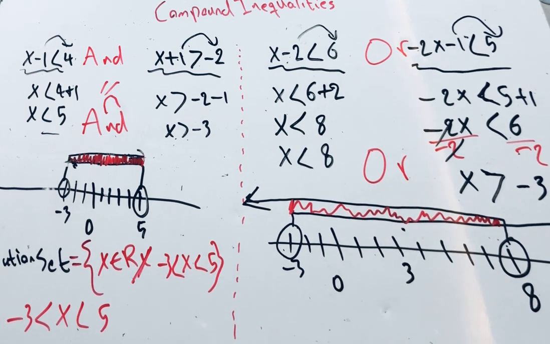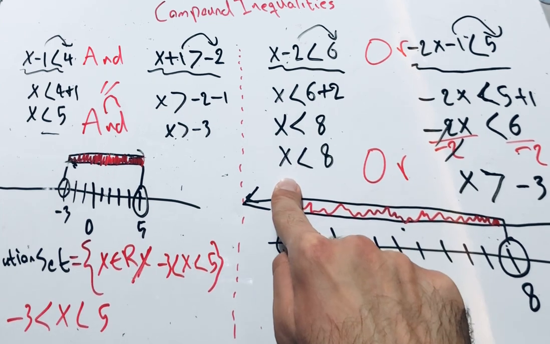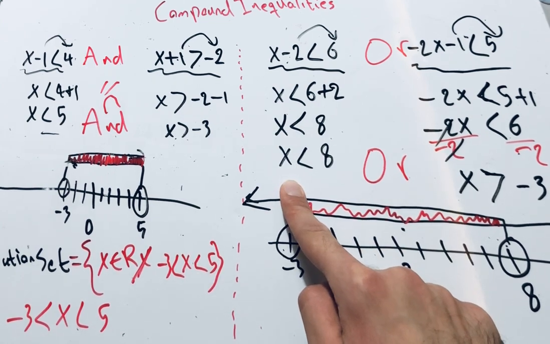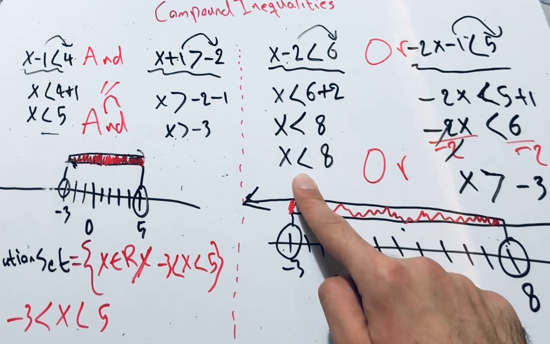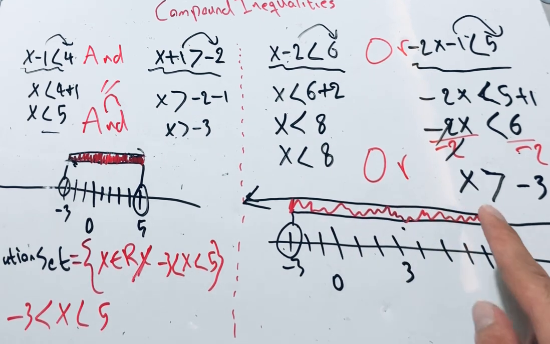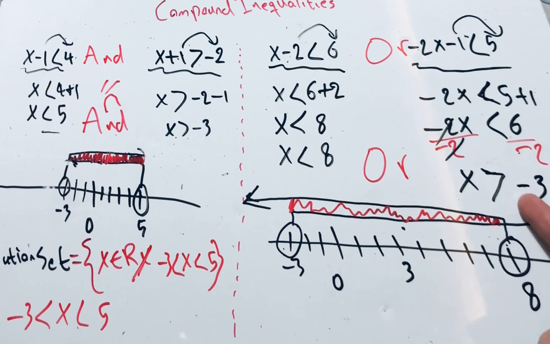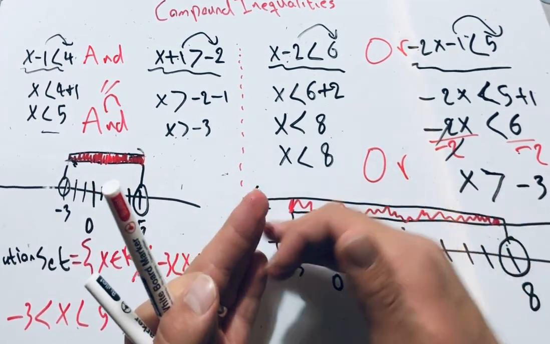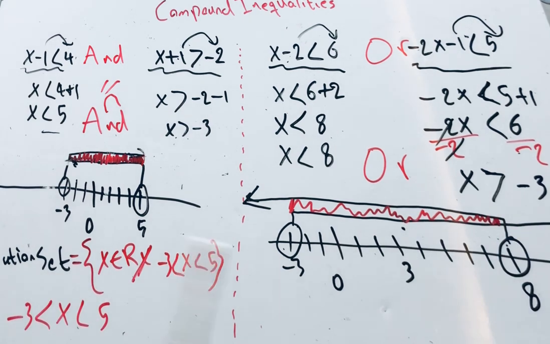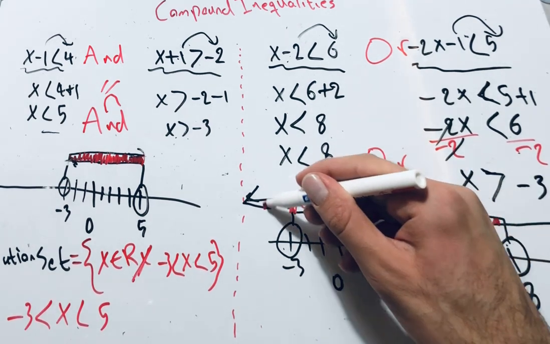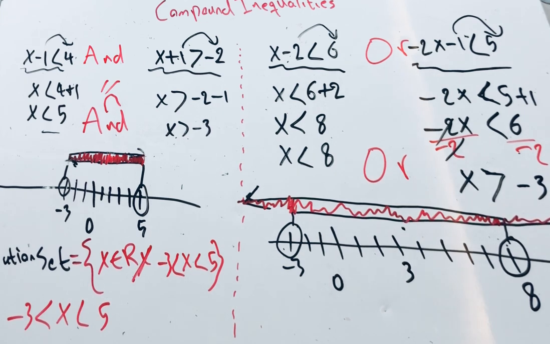So we have all the numbers that are less than 8, and then we have all the numbers that are larger than -3. You don't say they're sharing this part, so it's just this. No, because it's or, you're going to count the whole arrow. So you shade that, and this continues forever, and this continues forever.